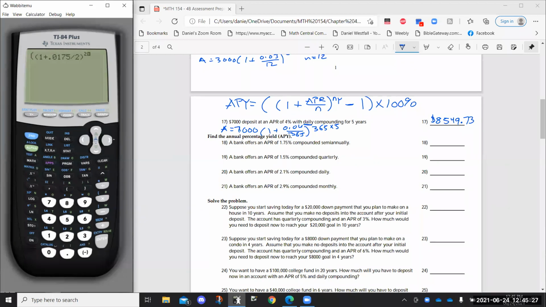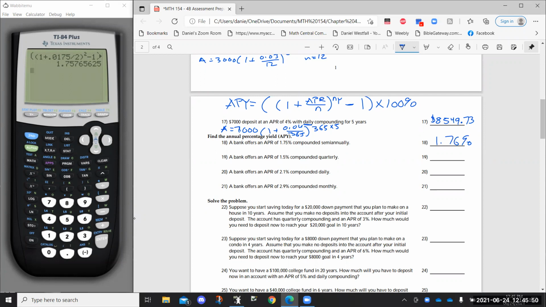And that's going to be minus 1, and then times 100 to change it to a percent. And this is going to be 1.76%. We're going to round it to the nearest hundredth of a percent.